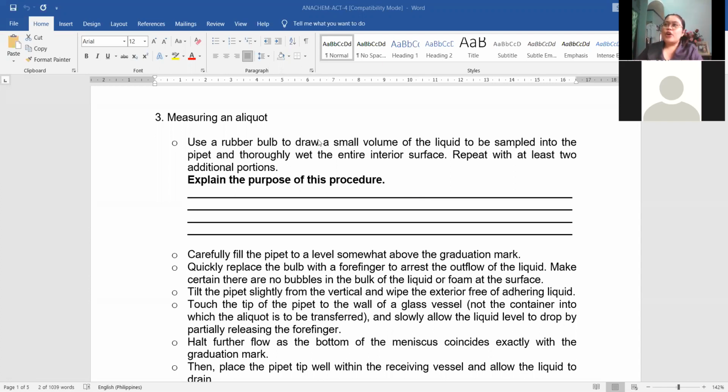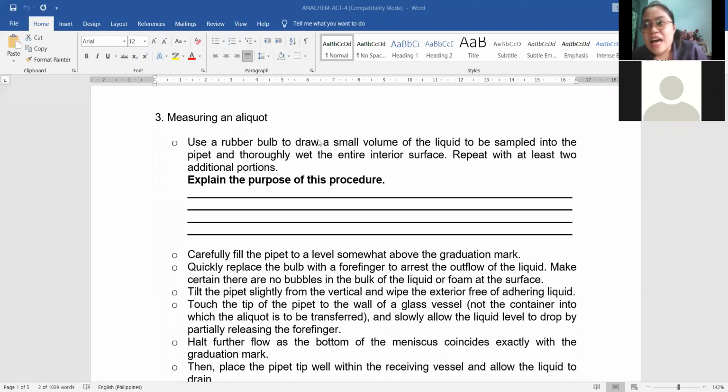Na before tayo mag-measure ng solution na kailangan natin or sample natin, kailangan muna na yung interior surface ng pipette natin is mabasa or magkaroon ng exposure sa solution. Okay? You explain that the purpose of the first procedure.